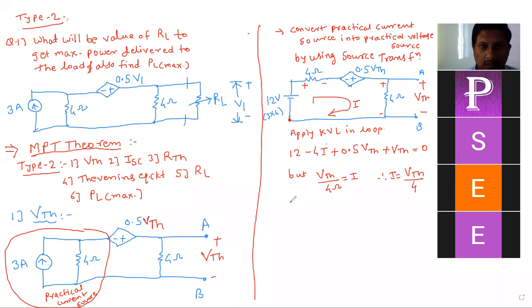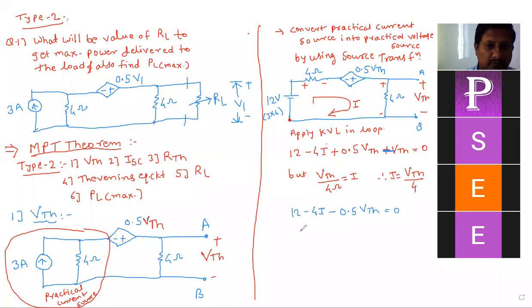Now the 12 minus 4 into I. So this 0.5 VTH is correct. And here minus should come, this is minus because plus is before. So minus 4 as it is. 0.5 VTH and minus VTH will give minus 0.5 VTH. That means from 1, subtracting 0.5 leaves minus 0.5 VTH.